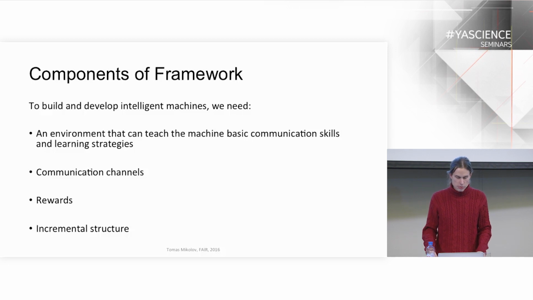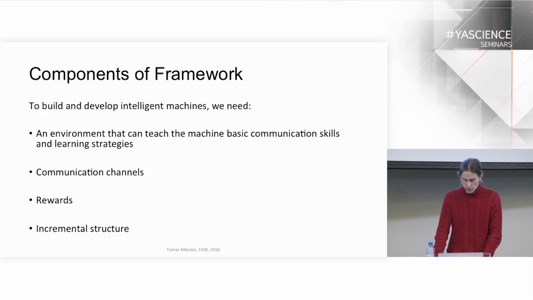So we prefer simulated environments because experiments are much more easily reproducible and can be simulated much faster, and it's in general much more convenient. Then the other components are the rewards and communication channels that are necessary for the communication and the motivation parts. And then we believe that a big part of successful learning is the incremental hierarchical structure of our understanding.